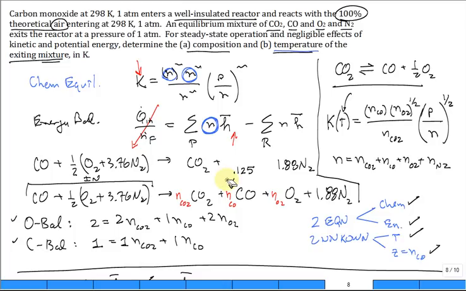All right? And then this number, for the number of moles of CO2, instead of being 1 like it was before, it's 0.875. And this is 0.0626.